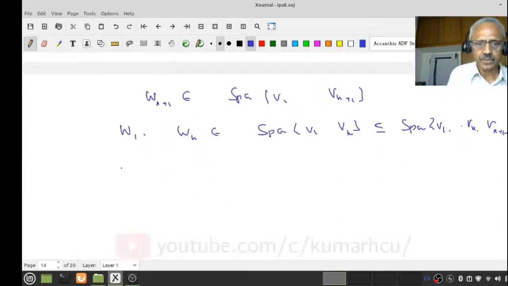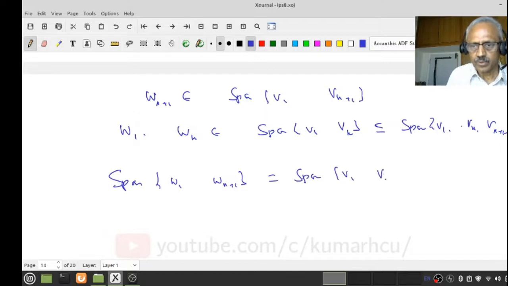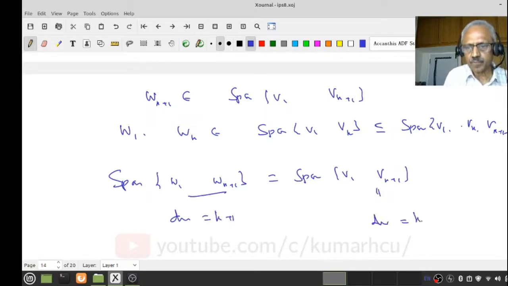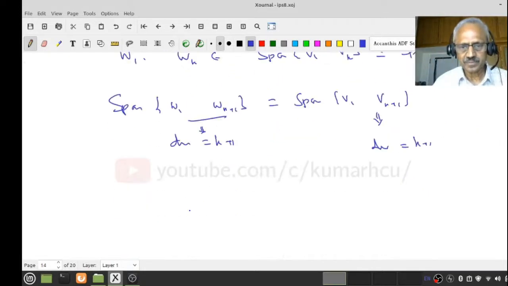I have proved span of w1 to wk plus 1 equals span of v1 to vk plus 1. How did I prove that? Because this is linearly independent and therefore the dimension will be k plus 1, whereas this dimension is k plus 1, right? And therefore this is a subset of that, therefore they are equal. It's the same logic as you have done.